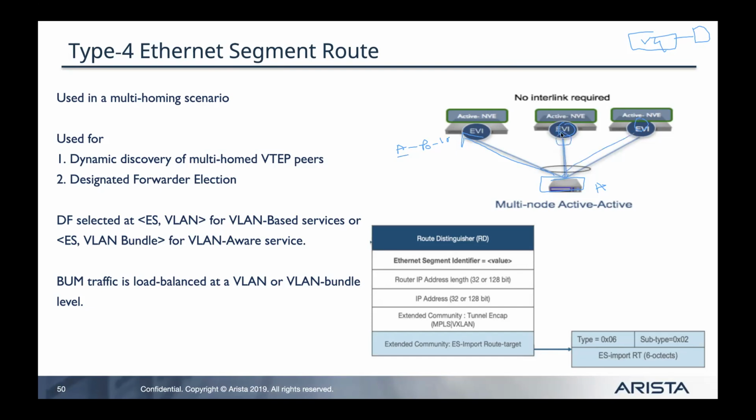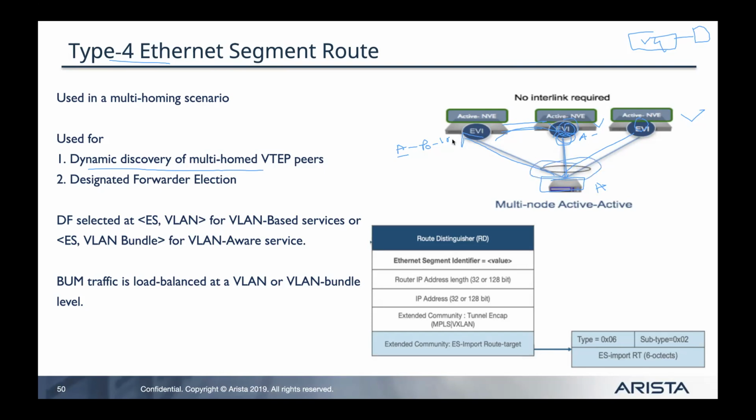But the other VTEPs do not know that this MAC A is local. In case of MLAG, MLAG will sync that MAC address to the MLAG peer, and they will learn that MAC A is behind their port channel as well. But this other VTEP does not know that there is MAC A behind this link. So how that information will be sent is by using the type 4 route, dynamic discovery of multi-home. Basically, how will the other VTEP know that we are sharing a common Ethernet segment?